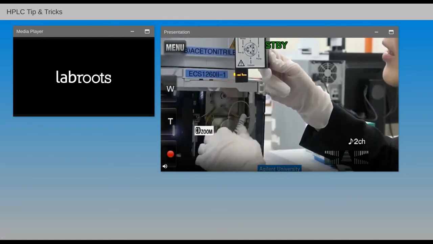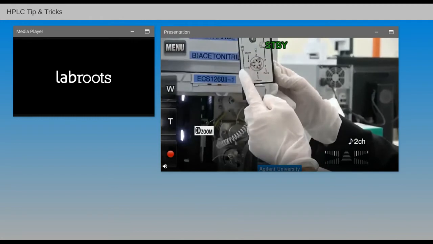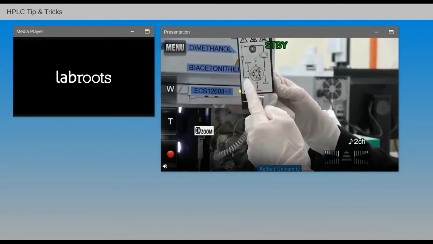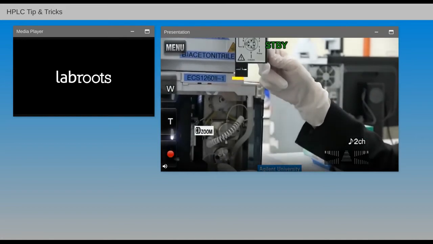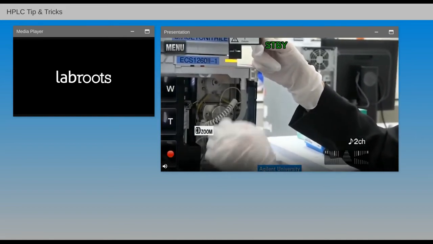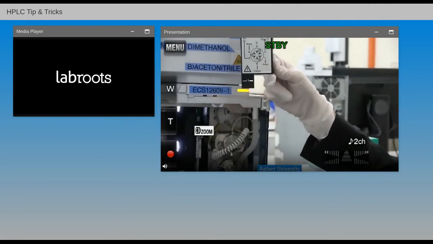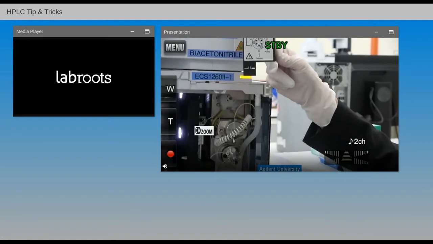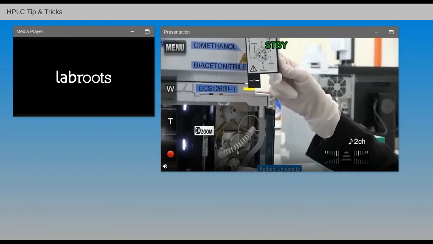The metering device then exits to the needle, which is here, the needle seat, and then the solvent will flow to port number 5, which is here. From port number 5, there will be a groove in between to port number 6, where the solvent will then go to the column. So what you can do is start loosening from port number 1.